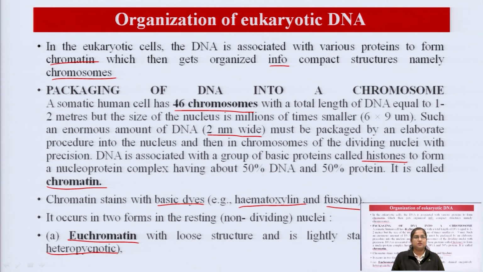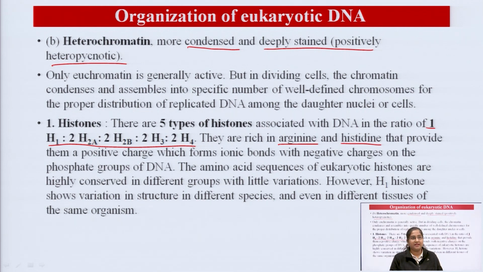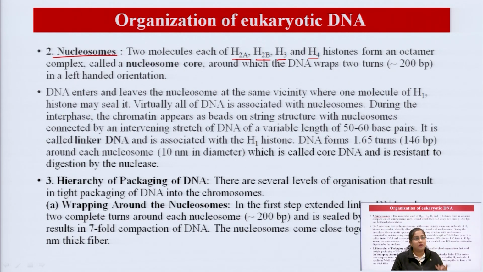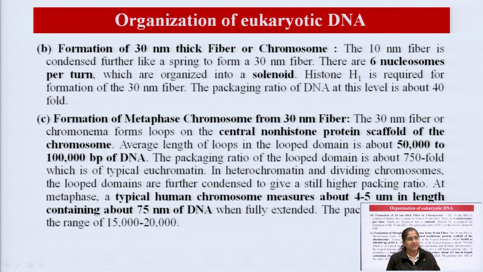This we have studied, the organization of eukaryotic DNA, how DNA is formed. We have studied here about chromatin. In chromatin we have studied euchromatin, heterochromatin, and histone proteins. There are 5 types of histone proteins. Using those histone proteins, we form the nucleosome. We have studied the hierarchy of packaging of DNA.